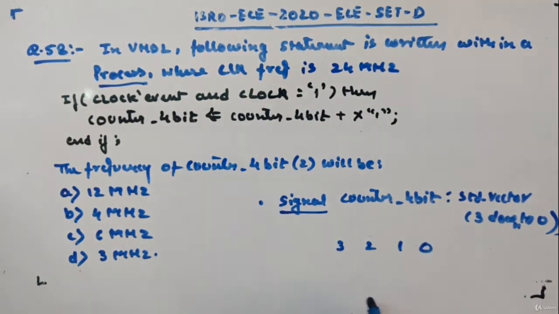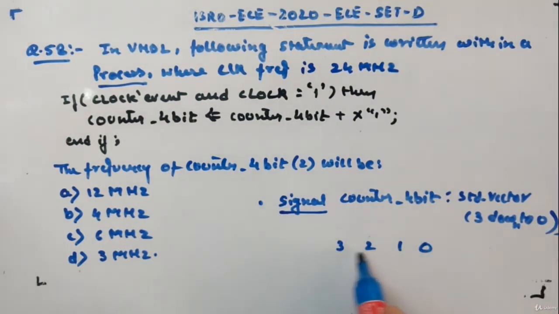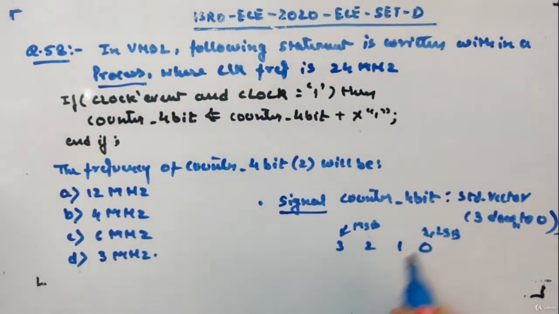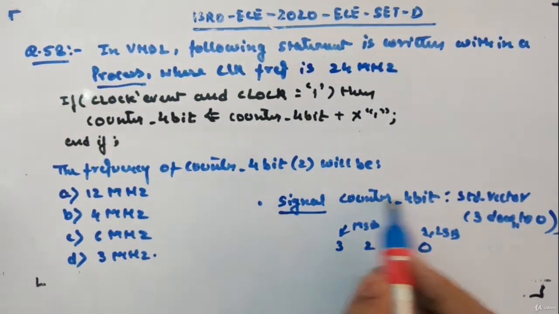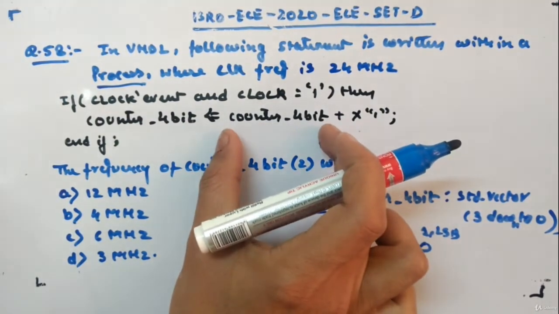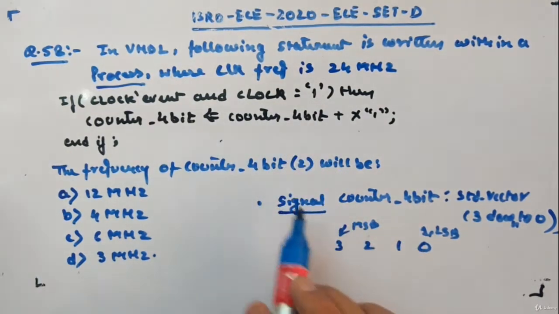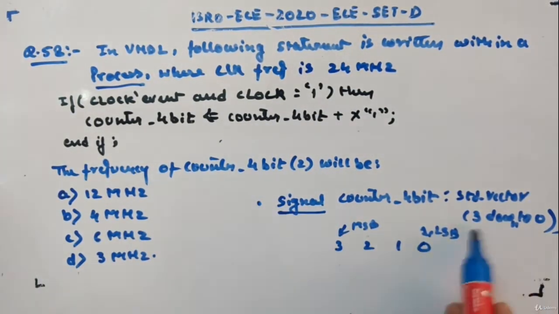Why am I taking 3 down to 0? Because it's a 4-bit variable. This is the MSB, this is the LSB. That is what you have to think of as counter_4bit: a signal of 4-bit type, 3 down to 0, where MSB is 3 and LSB is 0.